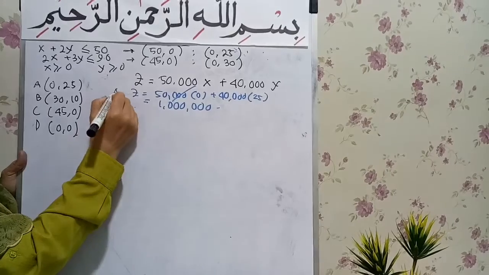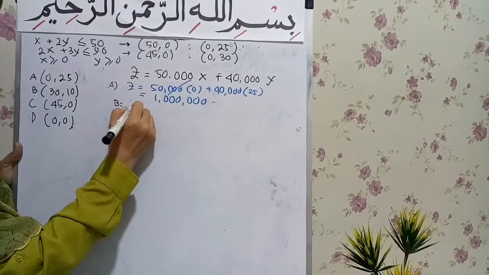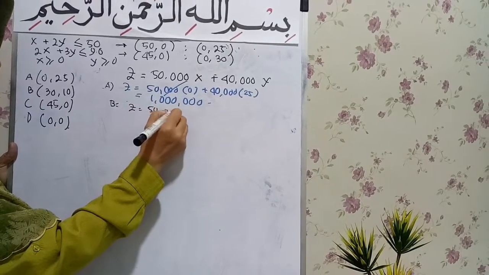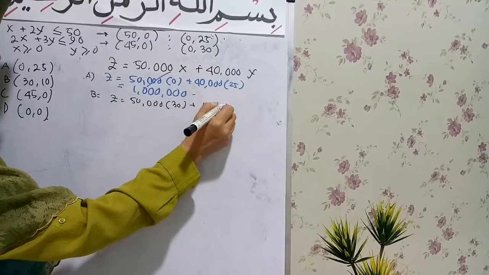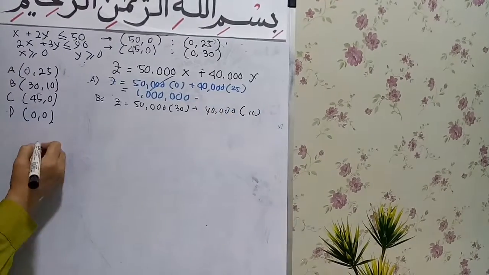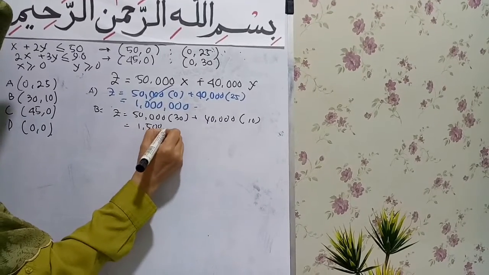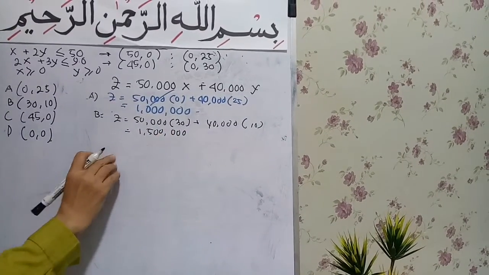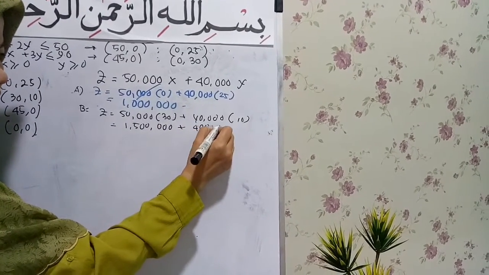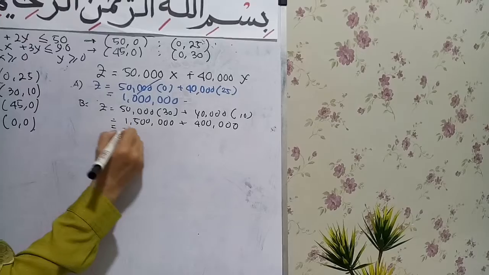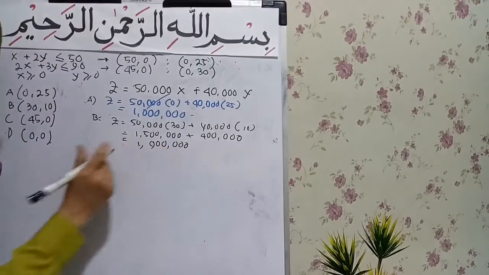This is for A. And B gives us Z equal to 50,000 times 30 plus 40,000 times 10. This gives us 1.5 million, and this one we have 400,000, so 1,900,000.